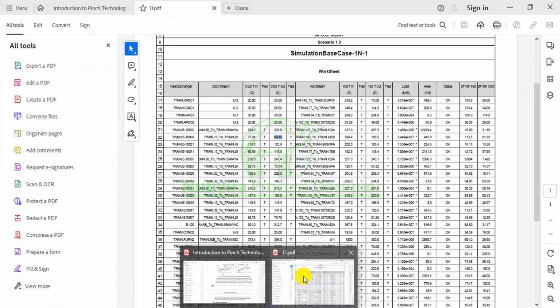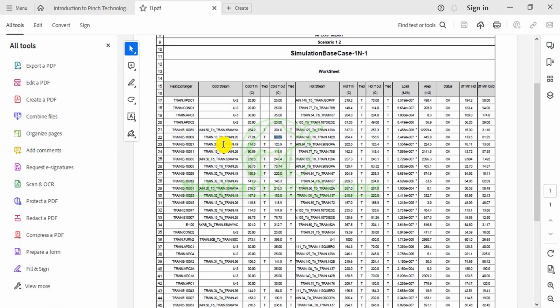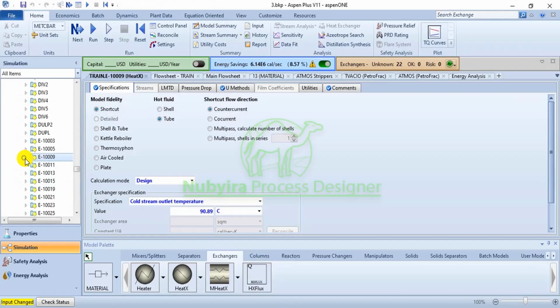Then you go to this one, heat exchanger 21. That's how you are going to do the rest. Heat exchanger 21. Okay, I'm going to skip this now for the rest.